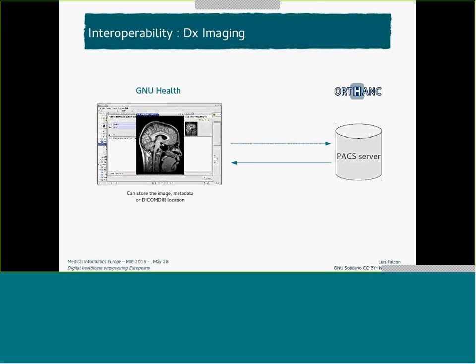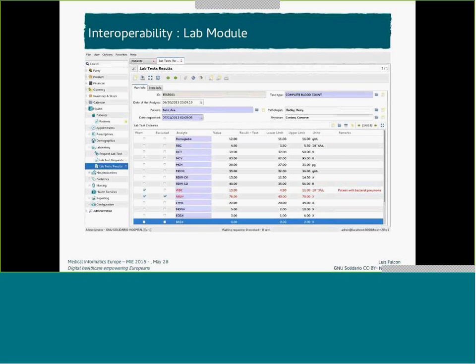In the lab module, we allow you to create test types. In this case, we are seeing a CBC, a complete blood count test, where the analytes have thresholds on upper and lower types.